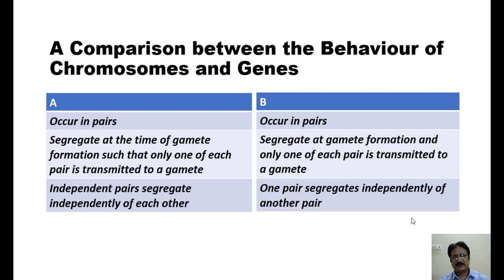The same was observed with the chromosomes. The diploid set of chromosomes becomes a haploid set during gamete formation. That means from each pair of homologous chromosomes, one complement goes to one cell, another complement goes to another cell. So in either case, be it the movement of the factors or genes, or the movement of the chromosomes, both have the same behavior.